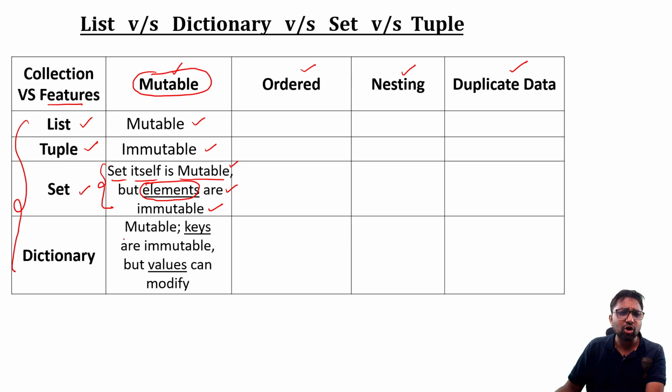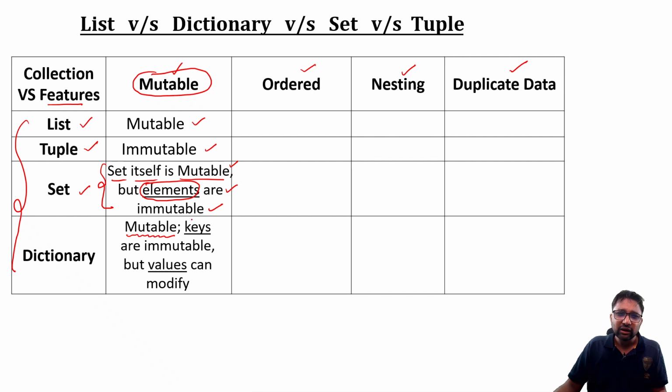Next one is dictionary. Is dictionary mutable or not? Yes, dictionary is mutable, so we can insert, delete and modify the element inside the dictionary. But here also there is one point you need to note down. The elements in a dictionary are known as items. These items are made up of 2 sub elements: one is key, one is value.